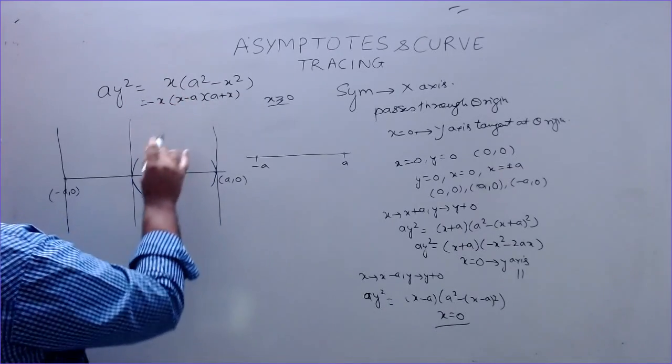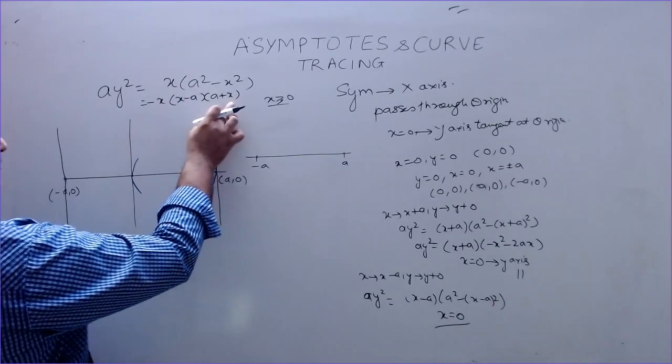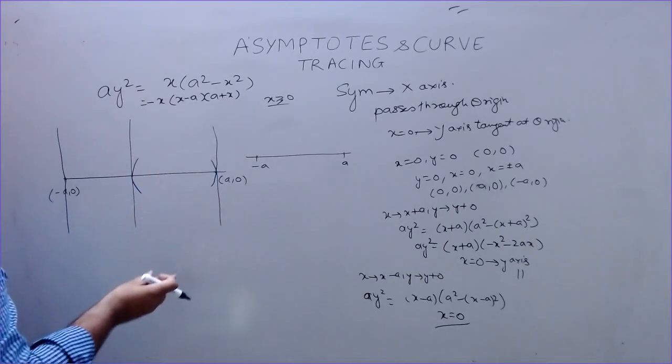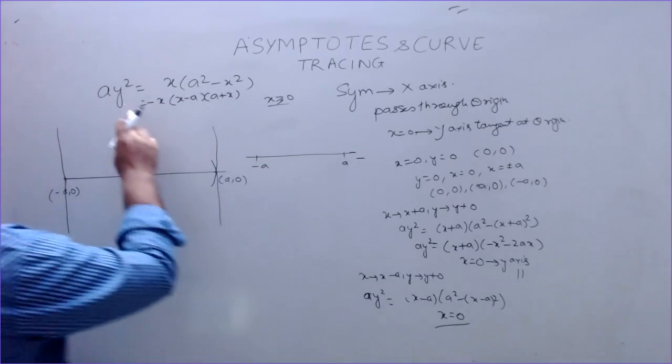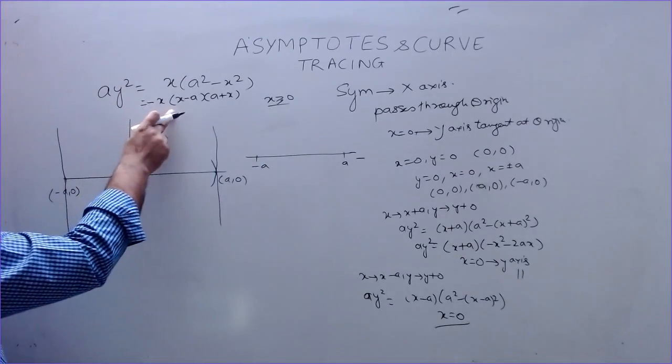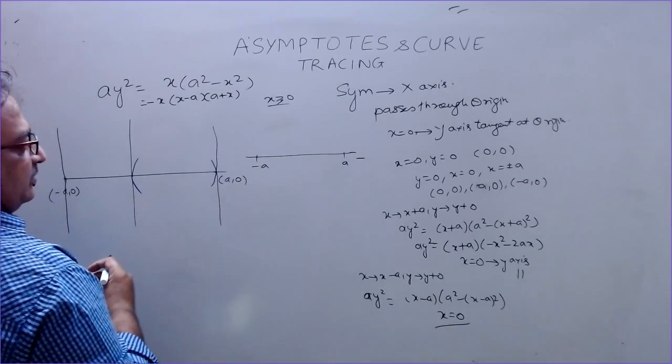If x is greater than a, then this term is positive, this is positive, this is positive, so y square will be negative. That means y will not be real, because this is y square, so x should not be greater than a. The curve cannot go beyond this side.